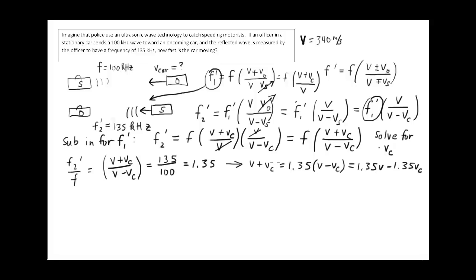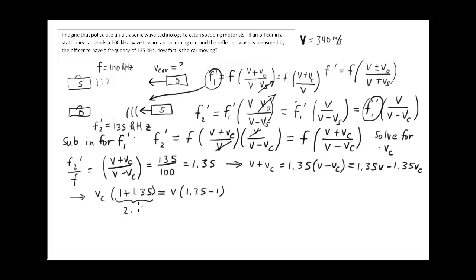So we'll collect the V sub C terms on one side of the equation and collect the V terms on the other side of the equation, right? So this will give, if I do this right, we'll have V sub C times 1 plus 1.35 on the left-hand side. And on the right-hand side, once I subtract V from both sides, we'll get V times 1.35 minus 1. So V sub C, well, we can easily get that number.